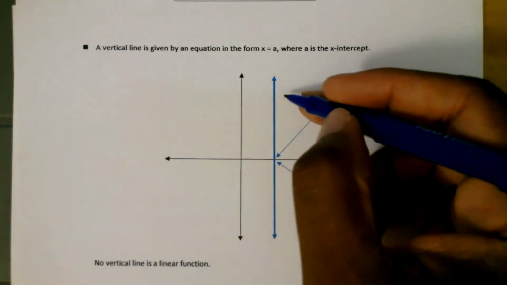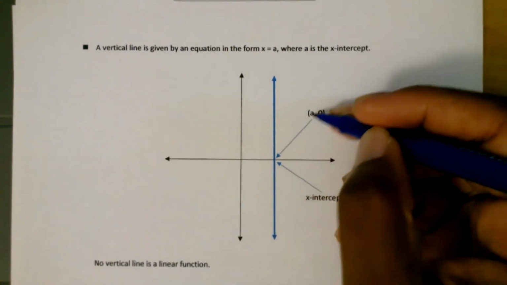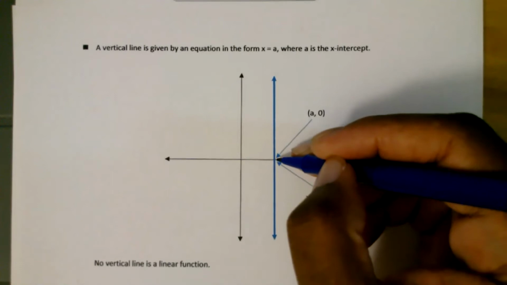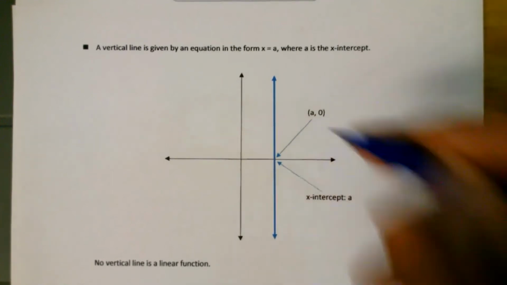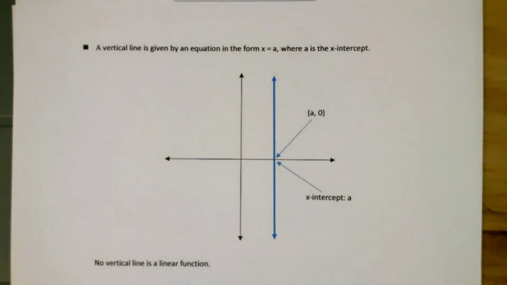So here's the vertical line that you see on the right side in blue. It crosses the x-axis at a point called A, and that ordered pair will be (a, 0), so your x-intercept will be a. Okay? And since it's a vertical line, no vertical line is a linear function.